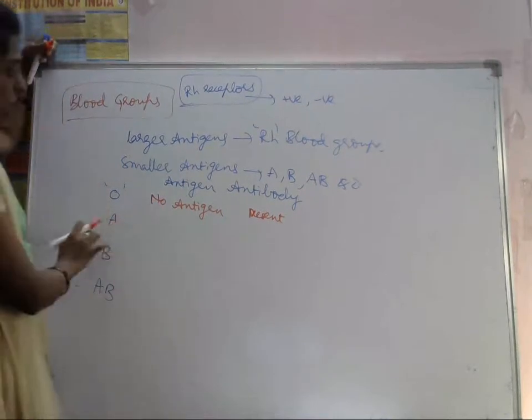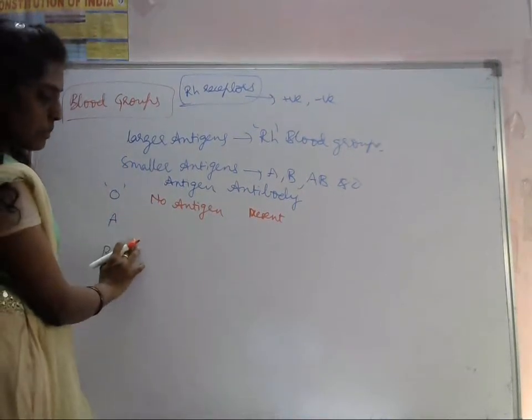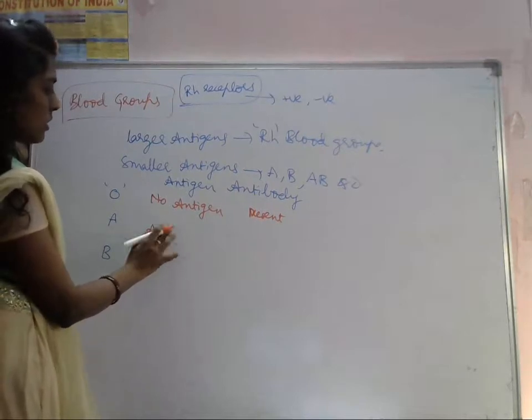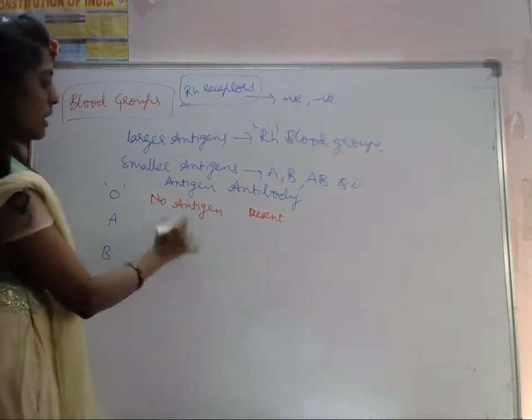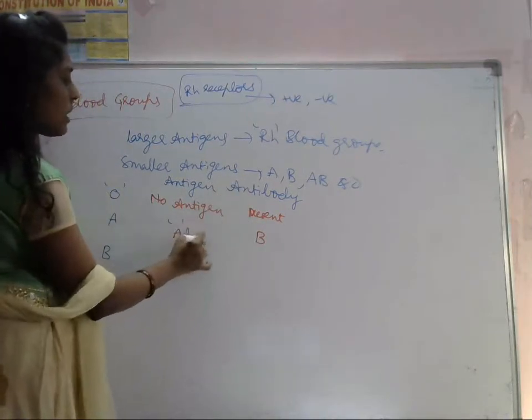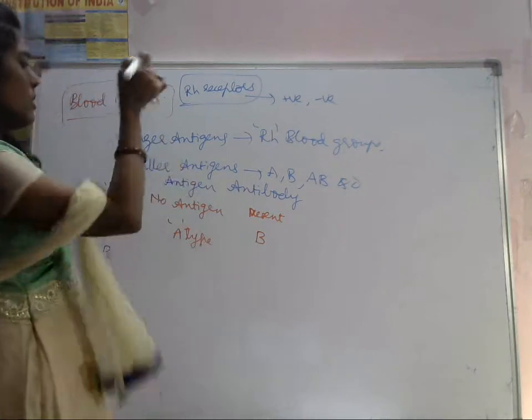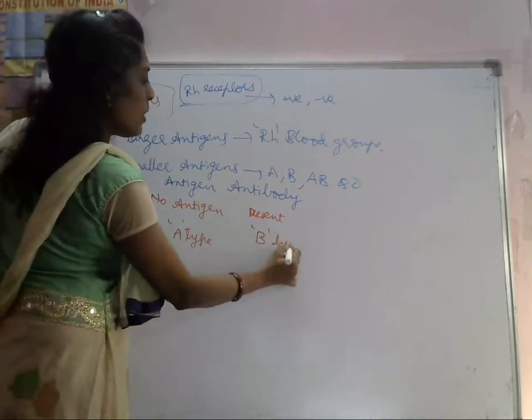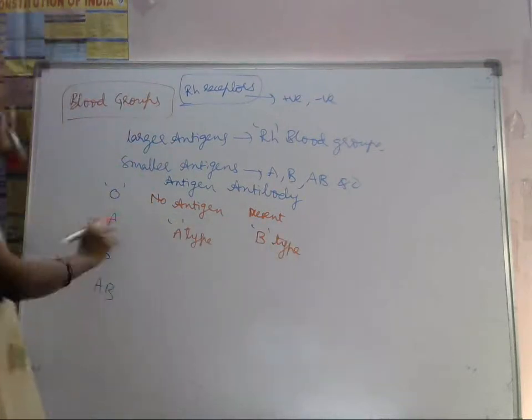Next, if you take A, which type of antigen is present? A antigen, and the B type antibody is present in the A blood group.